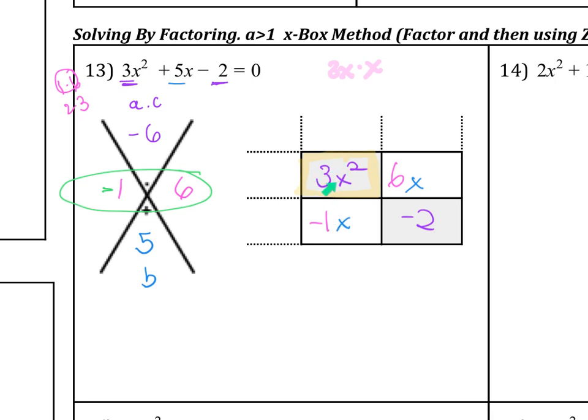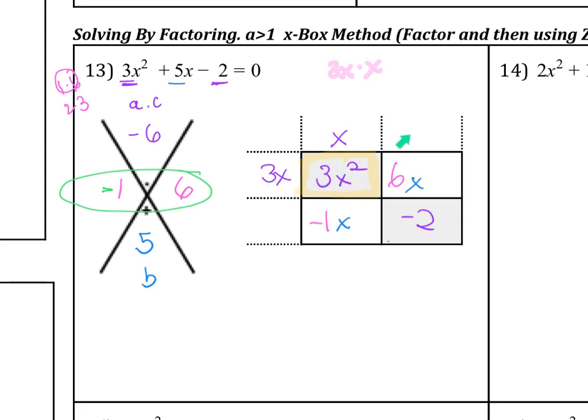Here we notice we have a 3x and a 1x. So 3 wouldn't be good up here because I can't make a 1 unless I have a fraction, and I don't want fractions. Now 3 going across this way would be the better choice. So on the left side, this is where we're going to put the 3x, and on the top we put an x. Double check: 3x times x is 3x squared, and that is true.